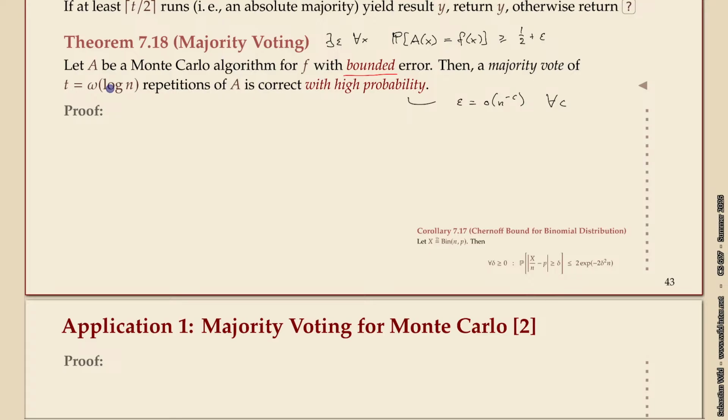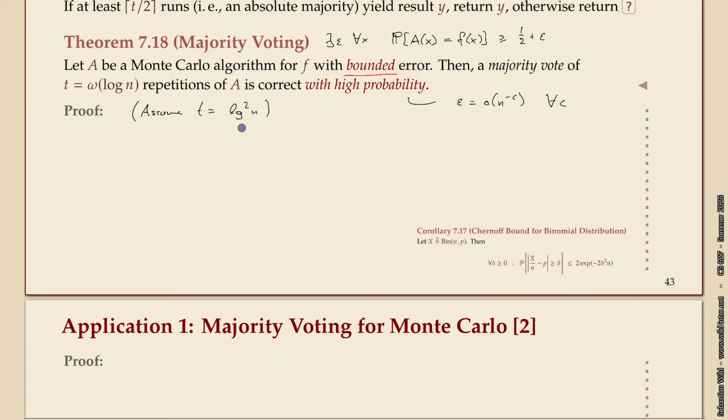For all intents and purposes, you can assume that t is log squared n. This is just for you to keep in mind. It would actually be good enough to take log n times log n or whatever else small growth above log n. But that's kind of morally the idea that you should keep in mind.